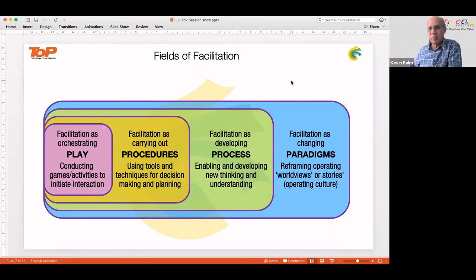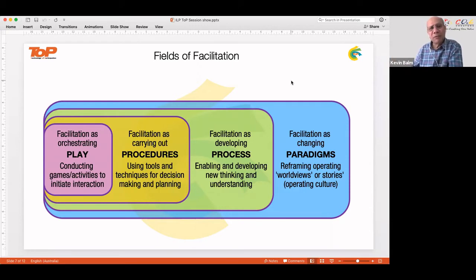Enlarging that field a little bit beyond play, facilitation is carrying out procedures or a set of instructions, where a facilitator might use tools and techniques to enable the group to think, talk, plan, make decisions together. So there's some concrete output that emerges.